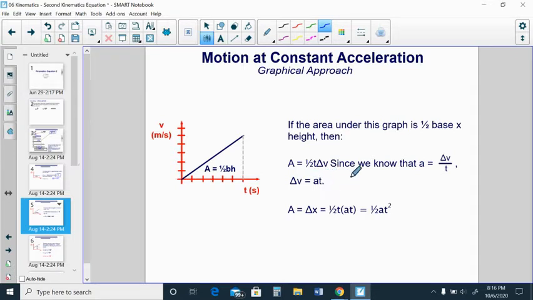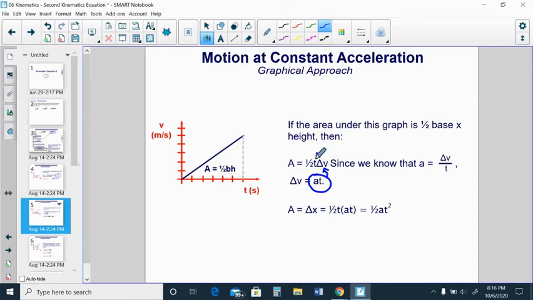So now we're going to sub in acceleration times time for change in velocity. So we'll see that down here. So we have our area. We know that equals displacement, which would also equal half times time.